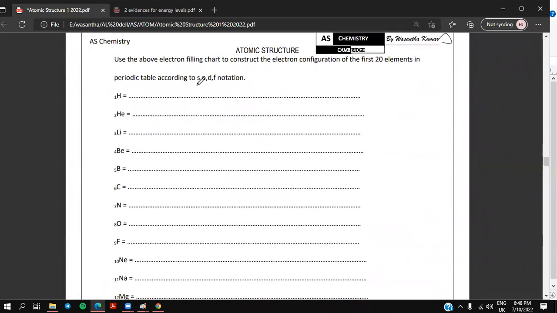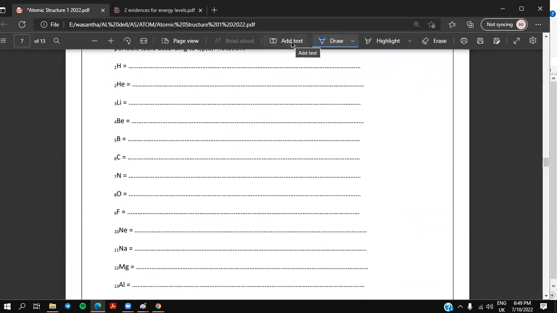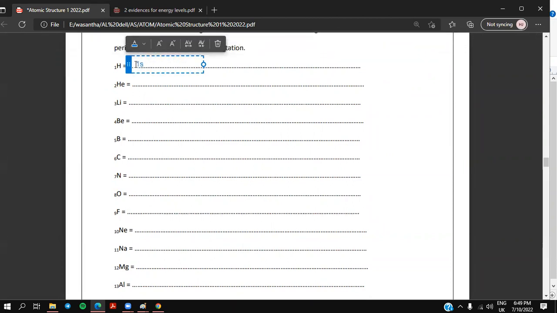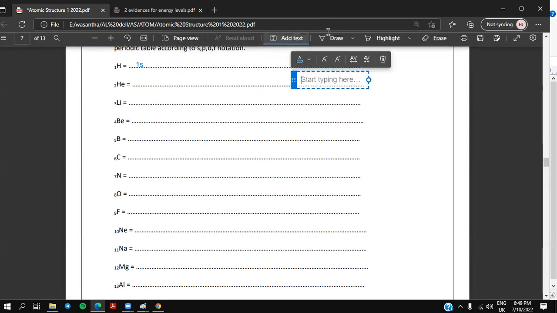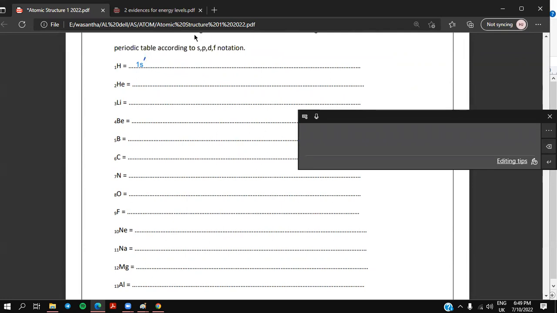Use the above electron filling chart to construct the electron configuration of the first 20 elements in the periodic table according to spdf notation. Hydrogen, for example, has only one electron. So we can write 1s1. Helium, only 2 electrons: 1s2.